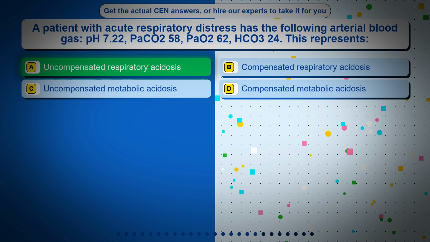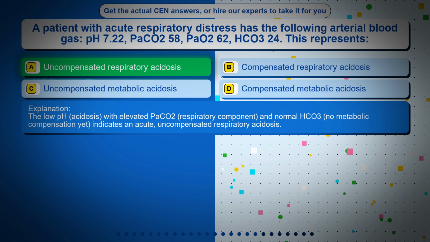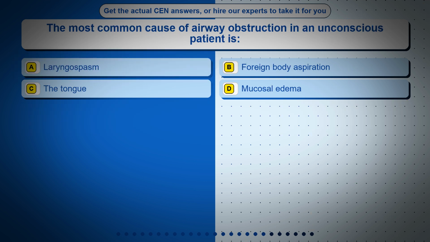The correct answer is option A, uncompensated respiratory acidosis. The low pH, acidosis, with elevated PaCO2, respiratory component, and normal HCO3, no metabolic compensation yet, indicates an acute, uncompensated respiratory acidosis.